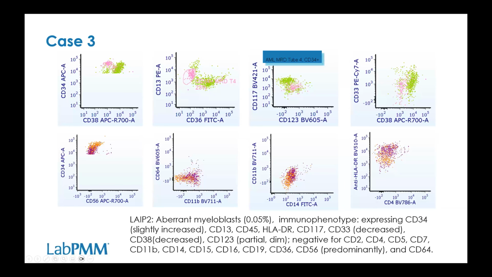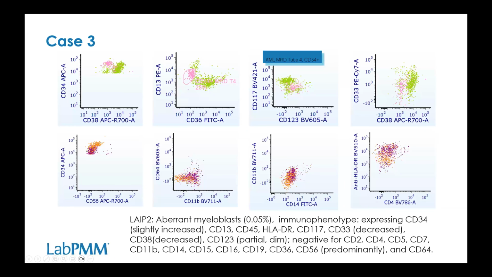The value of identifying this small CD34 positive population by flow cytometry is that it helps identify this population after treatment, because after therapy, myeloblasts with monocytic differentiation can often be difficult to identify.